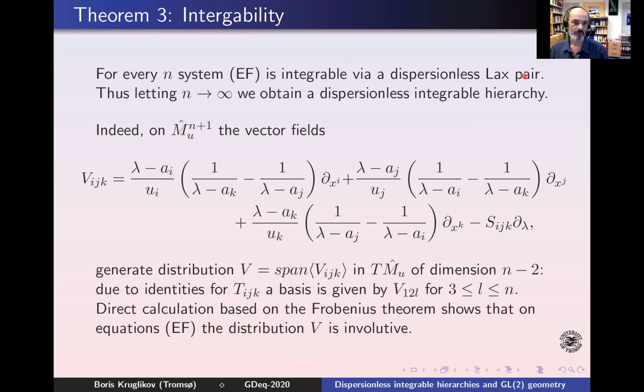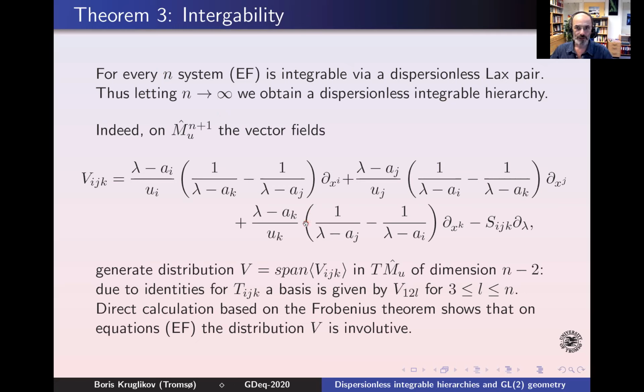And then we get the hierarchy by just letting this n go to infinity, because that's an embedded sequence. All of them are compatible, and the vector fields just extend each other, which means distributions are included into each other, and so forth.